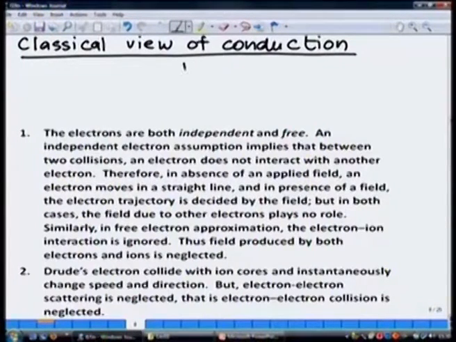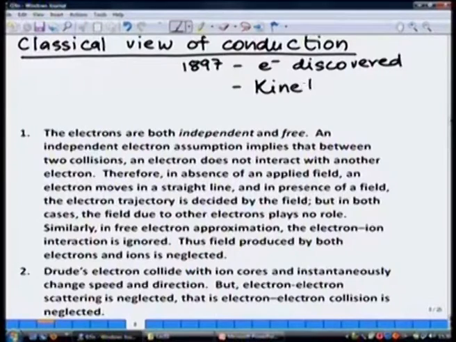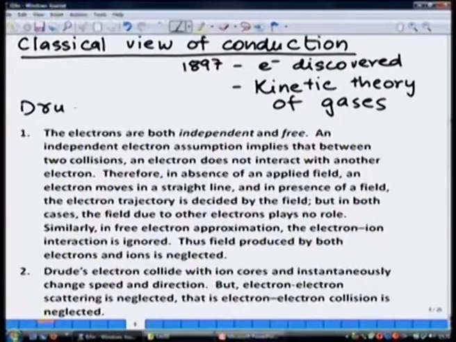The second thing we also knew at this point of time was the kinetic theory of gases. That is what we want to do, Drude's theory.